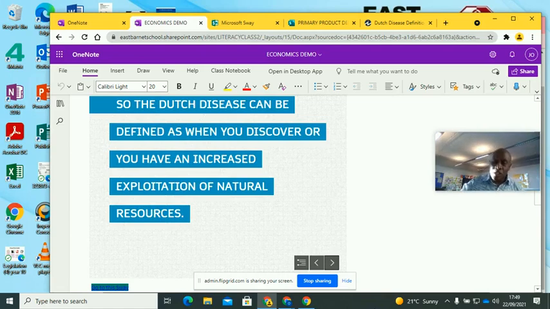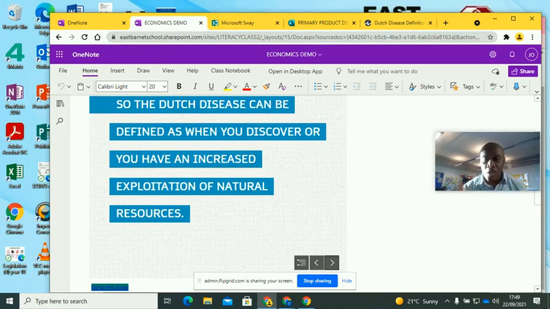However, other sectors, like manufacturing sectors that are not involved in the lithium market, their exports are going to be a lot more expensive. So suddenly they become less competitive, and then it can create a lot of problems. And that's why they call it the Dutch disease.